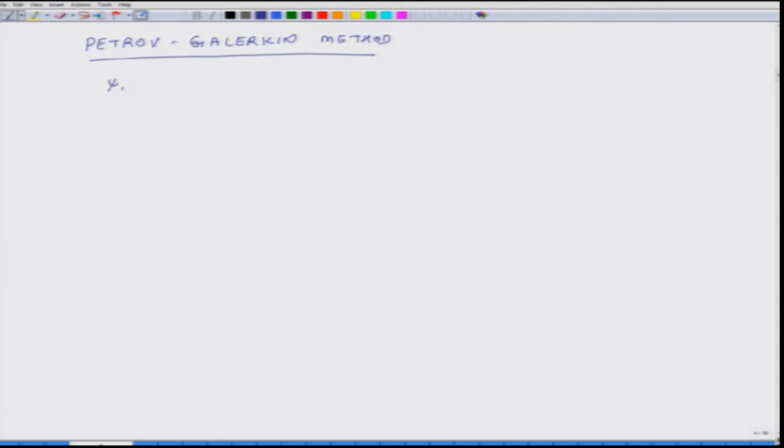So in this, the only restriction is on the choice of weight function. This is my weight function psi I, and my u is represented as sum of phi j times c j. This is my primary variable.